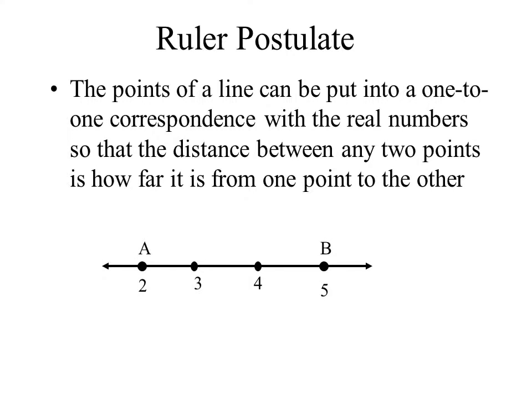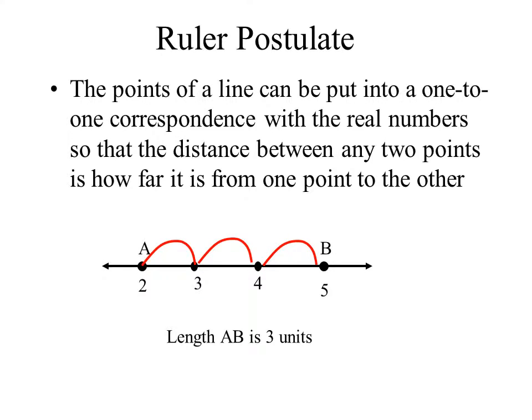This is just saying that if I have a number line and I call this first point A and I designate it's going to be starting with number 2, and I have another point over here, point B, which is designated with number 5, I can determine how far it is from A to B by simply counting how many jumps I have to take to go from A to B. So the length of AB would be 3. 1, 2, 3.